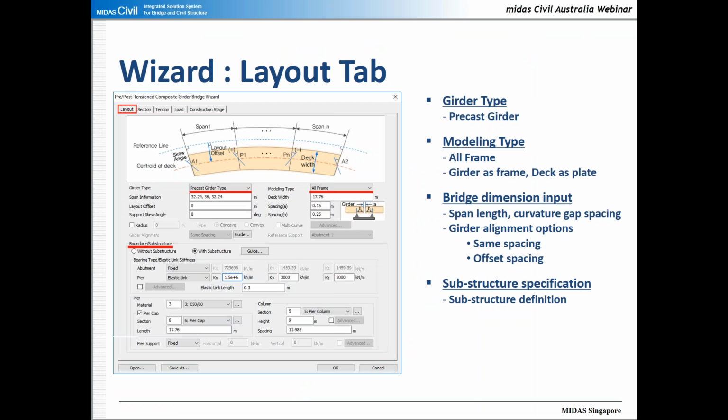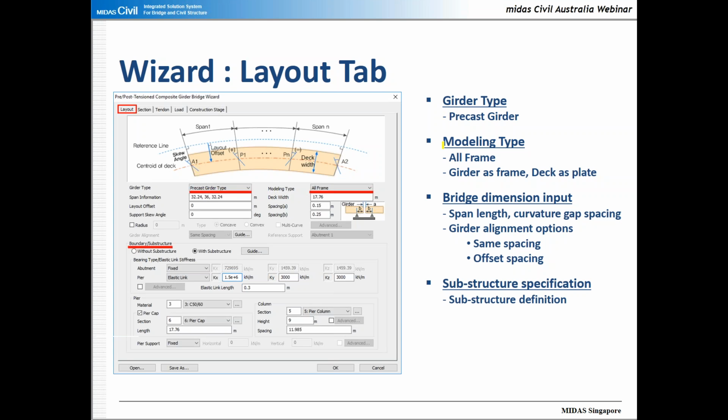So in the Bridge Wizard, first we will see the layout tab. In the layout tab, you can specify the girder type, whether it is a precast girder or a splice girder bridge.